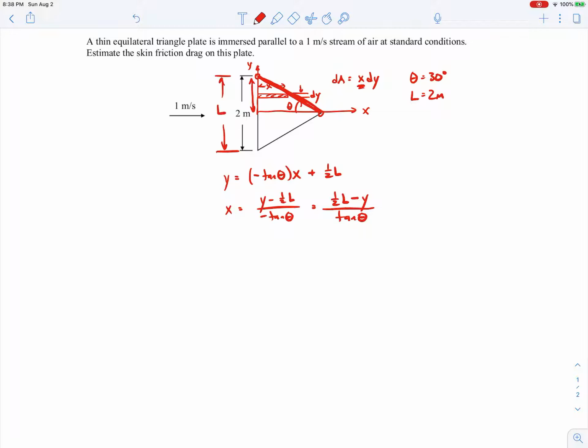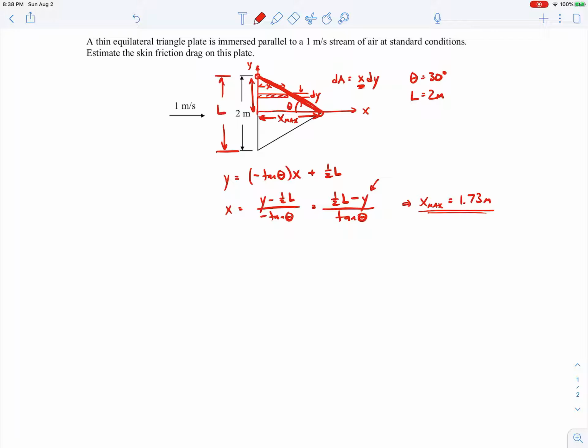And by the way, to get the maximum distance, let's call this x max, I can plug in y equal to 0 right down here, plug in my theta and my L, and you'll find that x max comes out to be 1.73 meters. We're going to refer back to that number in just a moment.